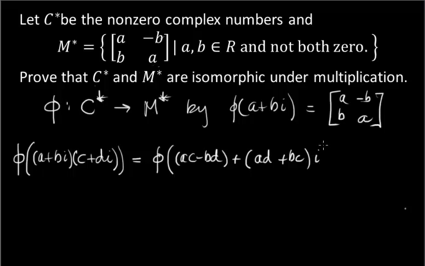Okay, well now we can perform the map, and that will be the matrix ac minus bd in this diagonal.